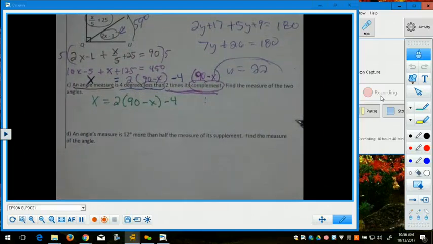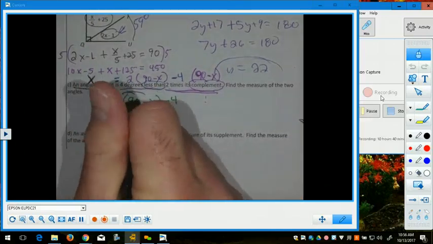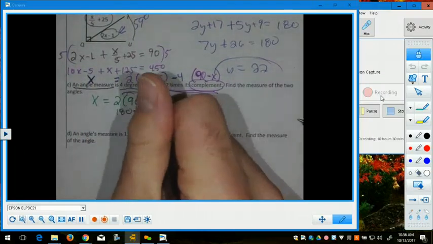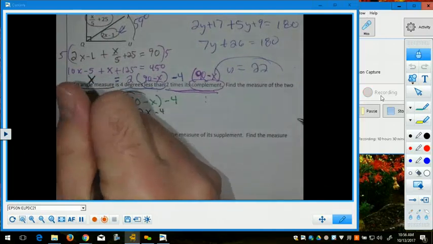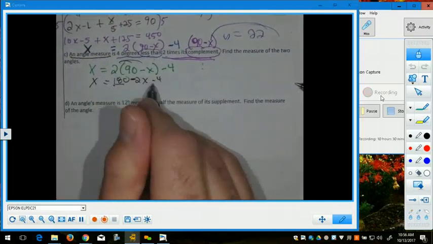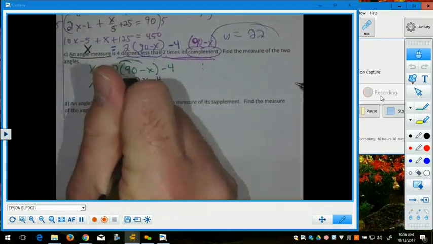Any questions on how to set it up? So now I'm going to distribute the 2. This gives me 180 minus 2x. Make sure you put those parentheses or you will miss that part. Minus 4 on the right-hand side. And so now I'm going to combine like terms. The 180 and the minus 4 give us 176.